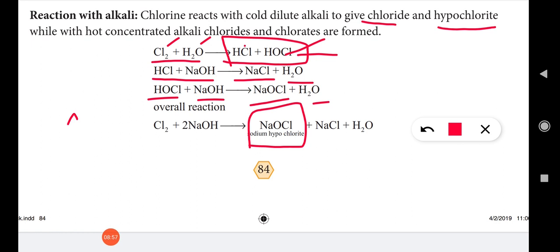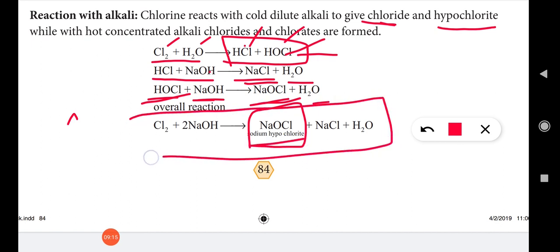Then HCl reacts separately with sodium hydroxide to form NaCl, and HOCl reacts separately with sodium hydroxide to form NaOCl, sodium hypochlorite. So the overall reaction is when chlorine reacts with sodium hydroxide, it becomes sodium hypochlorite, and then sodium chloride along with water will be formed.